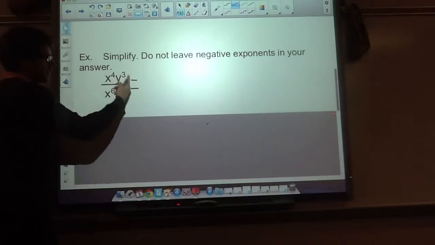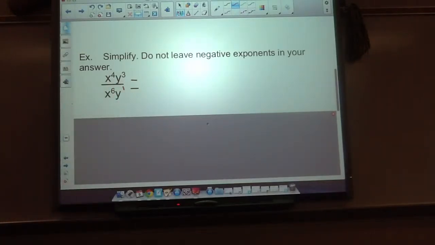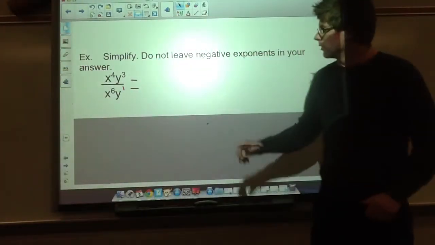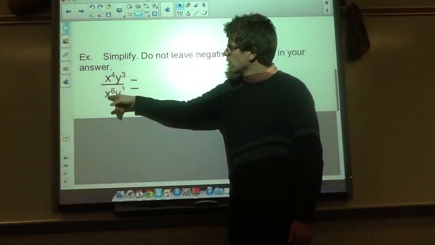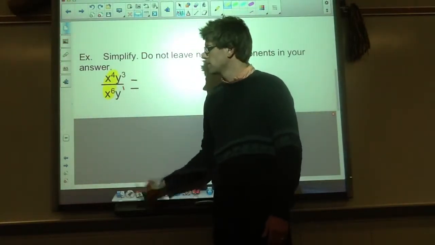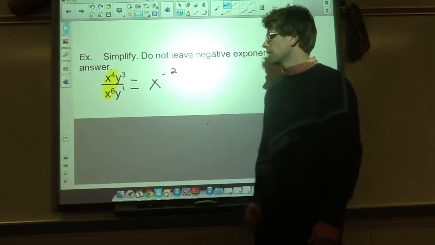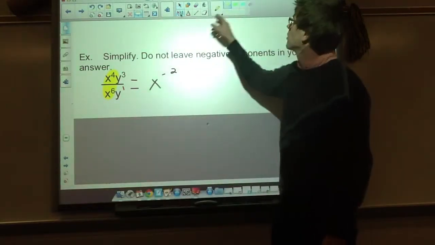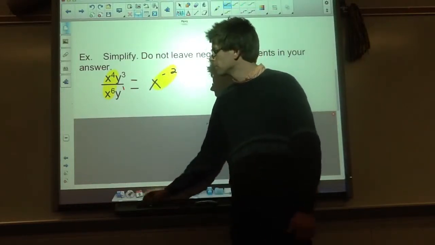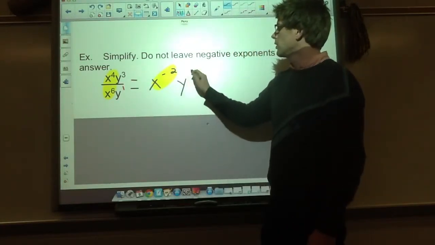So in simplifying this, we're going to, of course, use the law that talks about what happens when you have a quotient of powers, and when you have a quotient of 2 powers that have the same base, you keep the base, you subtract the exponents, and you get x to the power of negative 2. Okay? Of course, you also get, let's just keep finishing it up here for a second, y to the 3rd divided by y to the 1st will give you y squared.